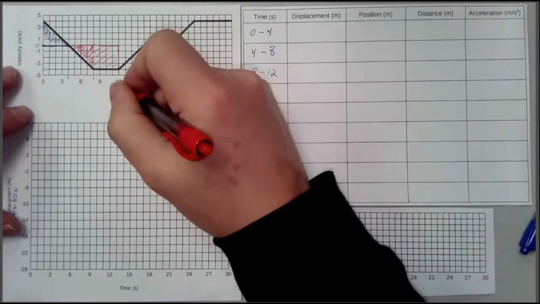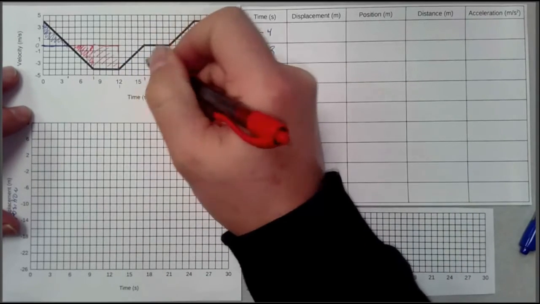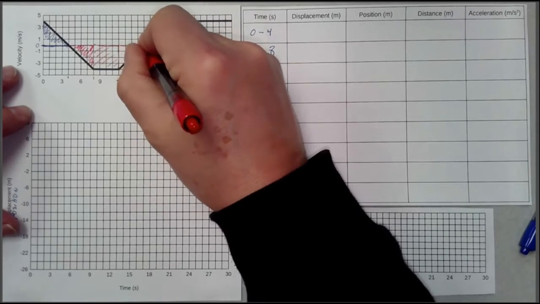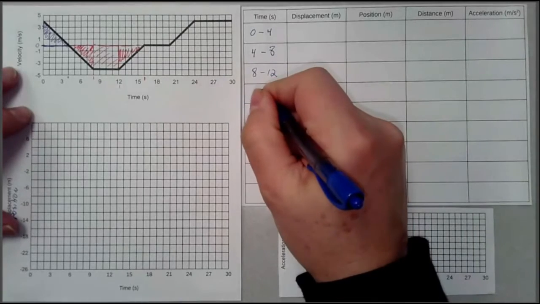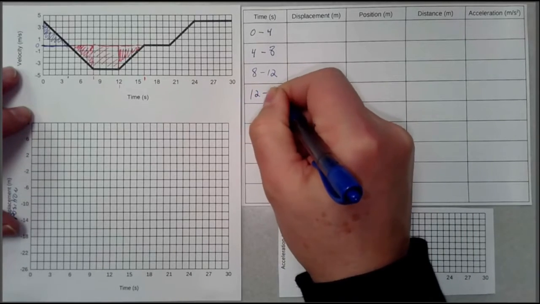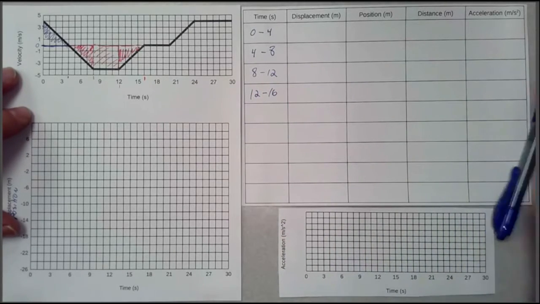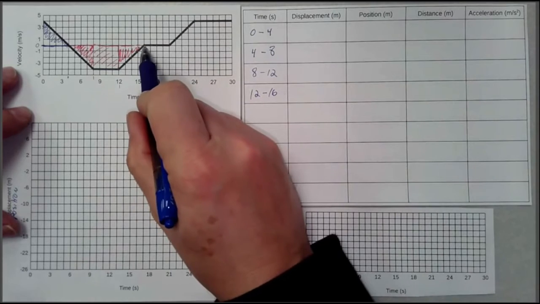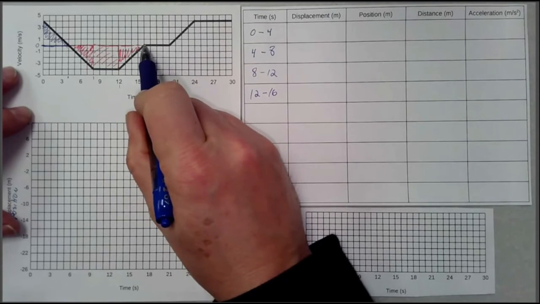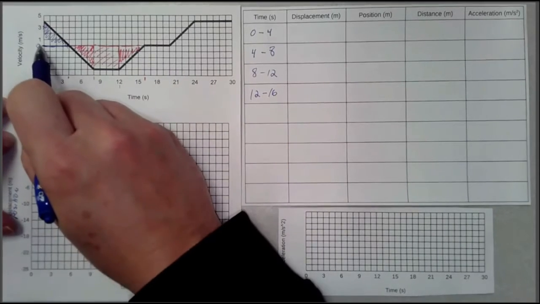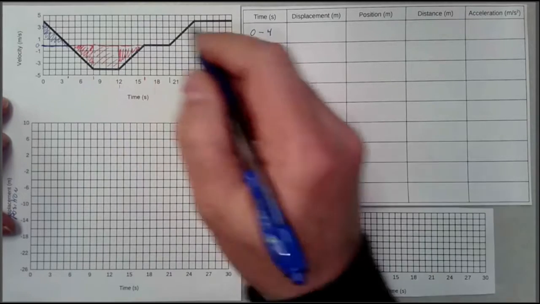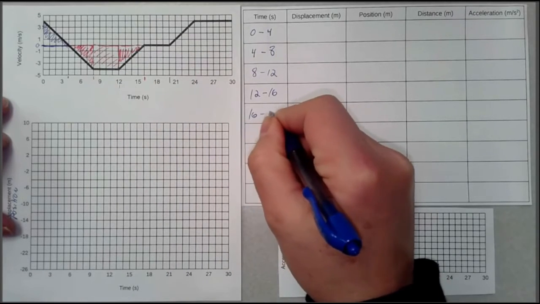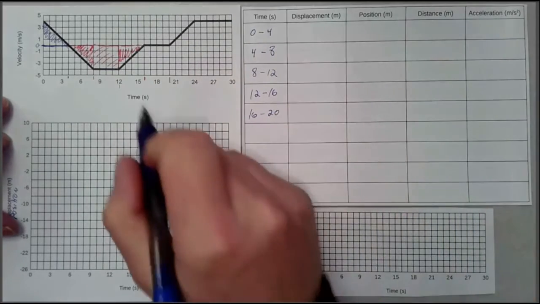The next time interval is 12 to 16, and that is a triangle. This next time interval, it's at rest because the velocity is 0 for this time interval, and that goes up to 20 seconds. So 16 to 20 seconds.